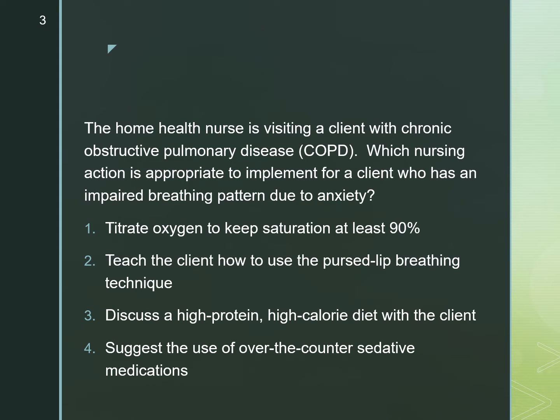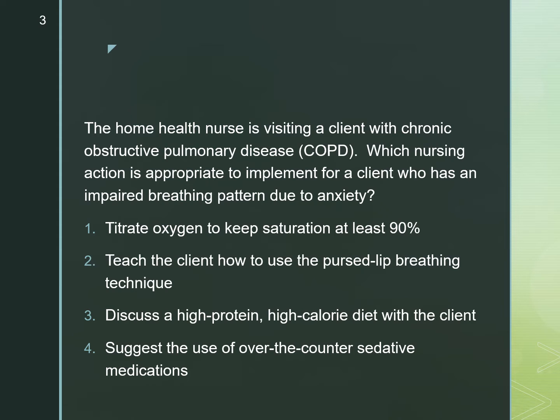And then number 4, suggest the use of over-the-counter sedative medications. We can slow the breathing down with over-the-counter sedative medications, but is that really appropriate for this client?